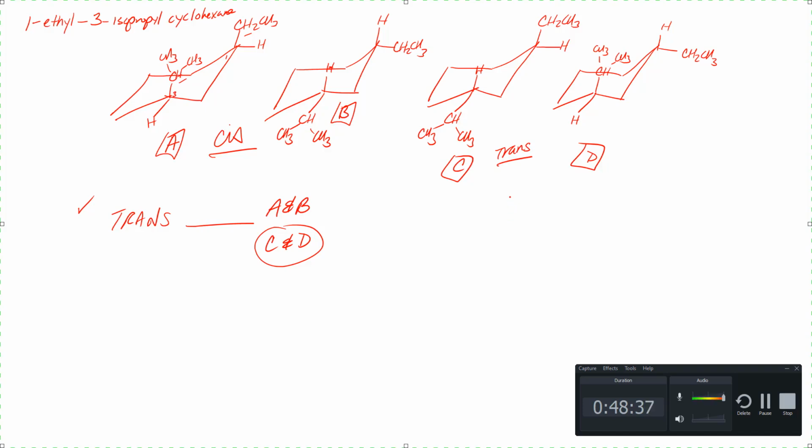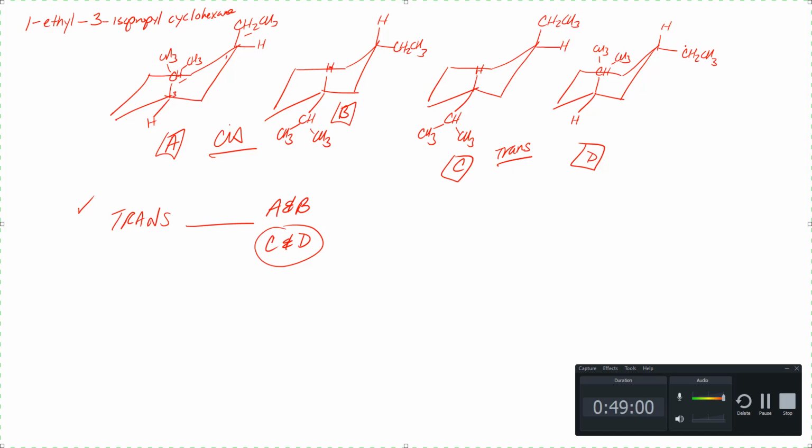So I have to identify each one of these as cis or trans. A and B are cis because they're both on the same side of the ring. A both above, B both below. C is below for isopropyl, above for ethyl, and D is above for isopropyl, below for ethyl.